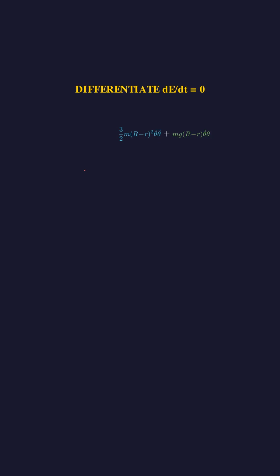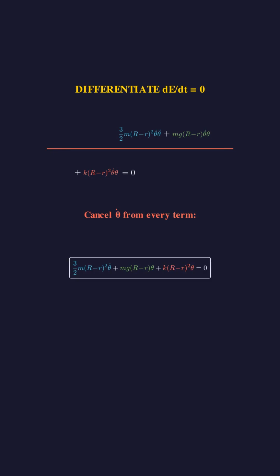We get 3/2 m times (R minus r) squared times theta dot times theta double dot plus m g times (R minus r) times theta dot times theta plus k times (R minus r) squared times theta dot times theta, all equals 0.